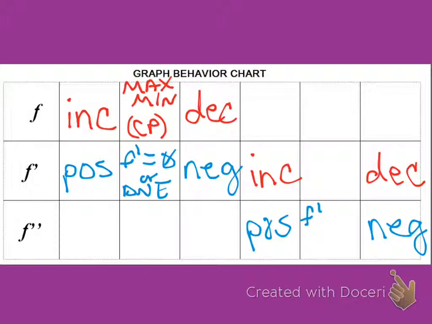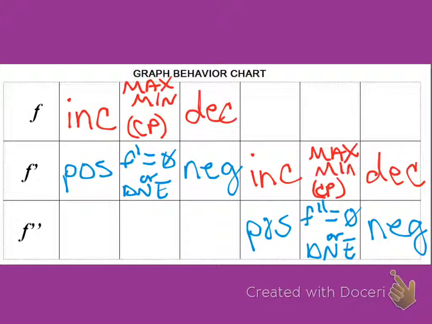And also wherever the second derivative is equal to 0 or does not exist, I am going to have a possible critical point in the first derivative. A possible critical point, which means there's going to be a max or a min.